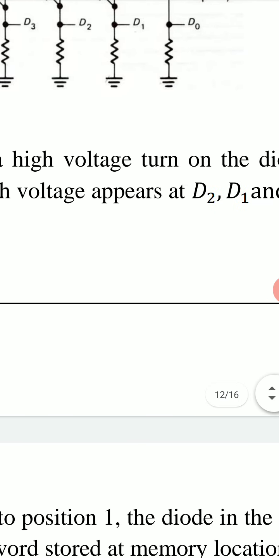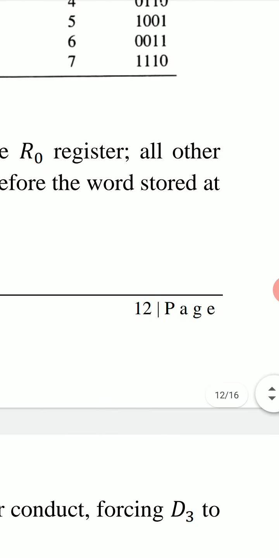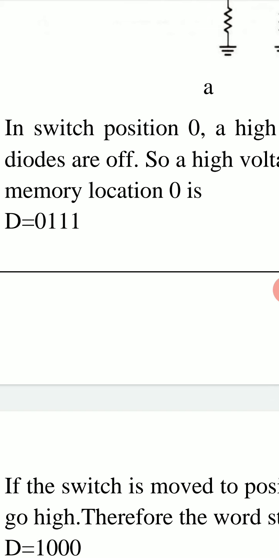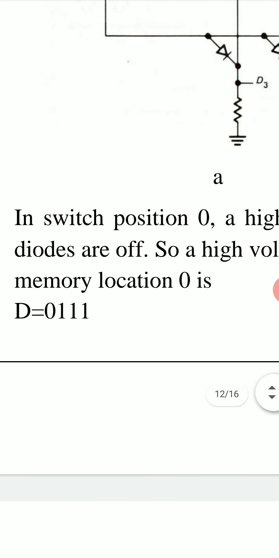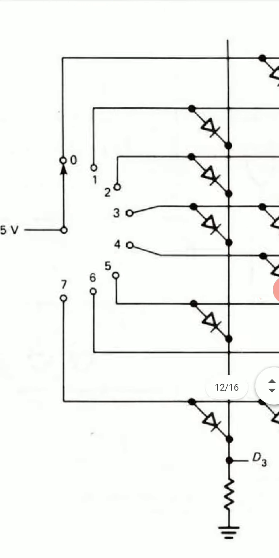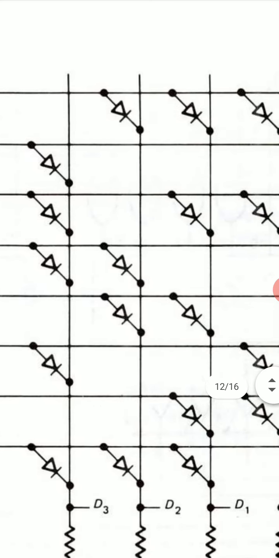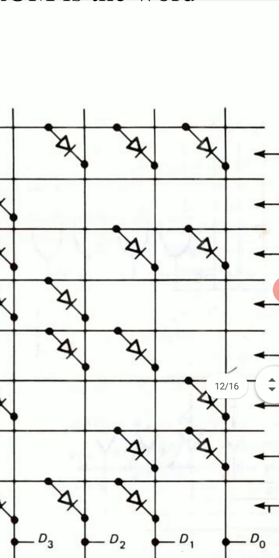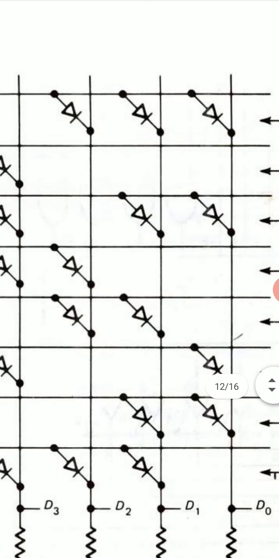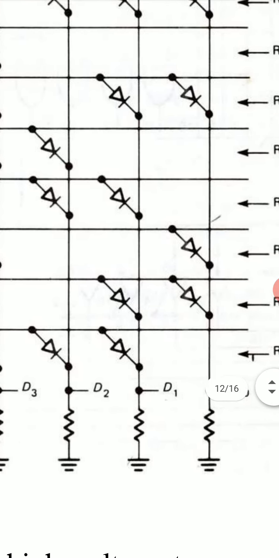Therefore, the word stored at memory location 0 is D equal to 0, 1, 1, 1. So this is the memory location 0. Switch is connected to 0 and 0 is connected to this horizontal line which we call R0 register, and it contains 3 diodes which are connected to D2, D1 and D0.